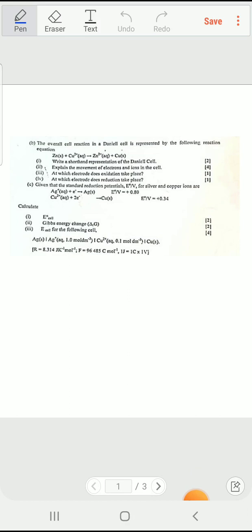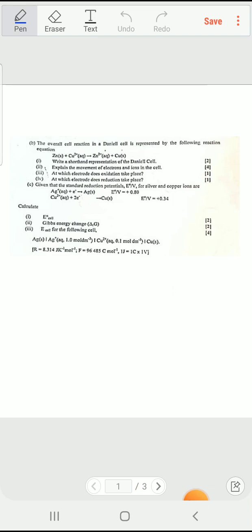So let's try to look at this question which came in 2023 test 1. It was question 2b. The overall cell reaction in a Daniell cell is represented by the following reaction equation.